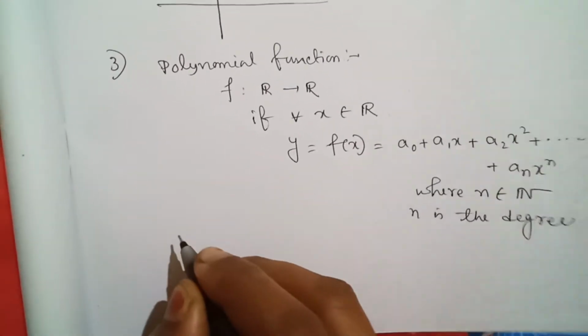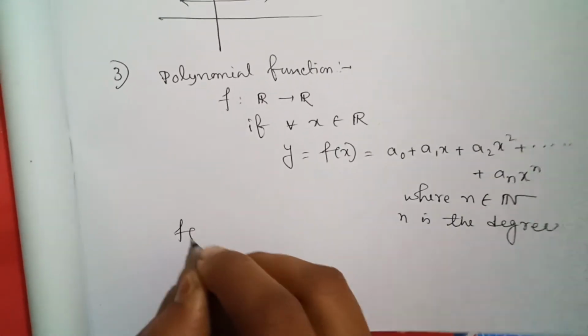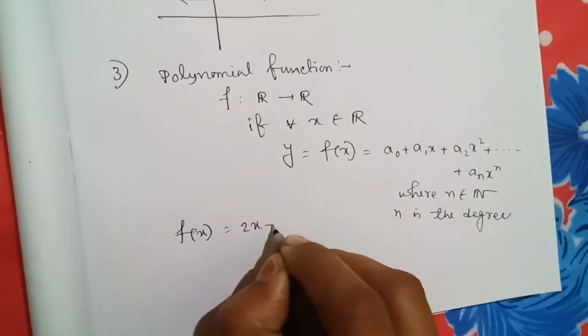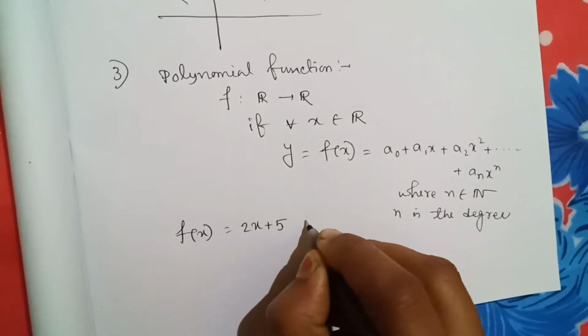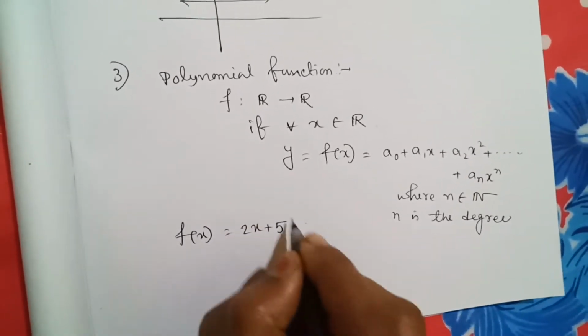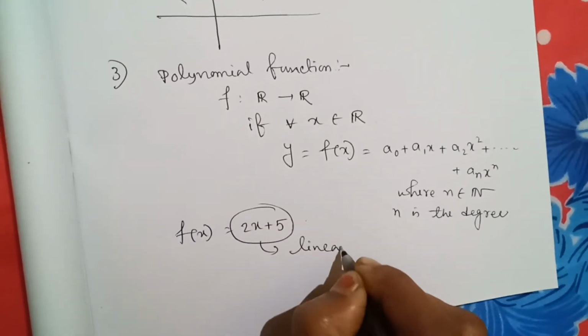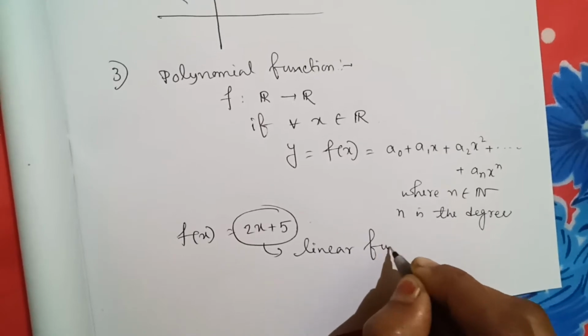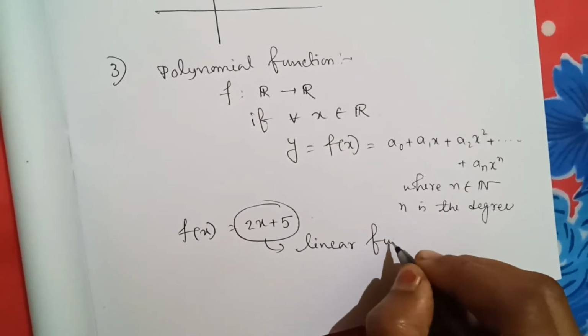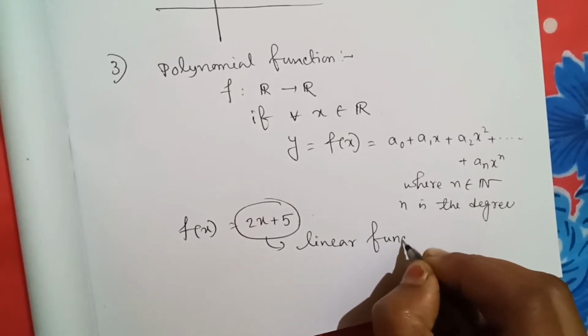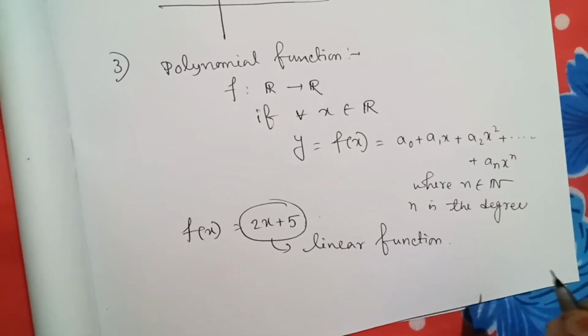Suppose I'm giving you one example. Suppose f of x equals 2x plus 5. Then this is obviously a polynomial, but especially we can say that this is a linear function, right?